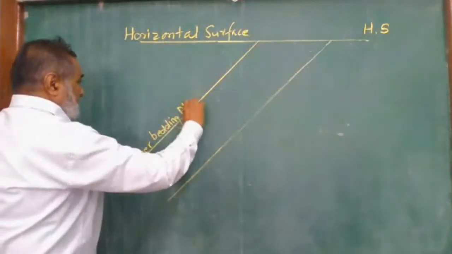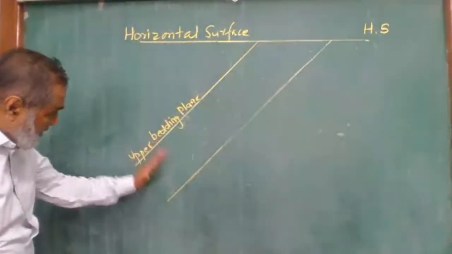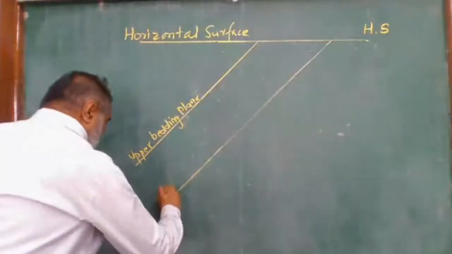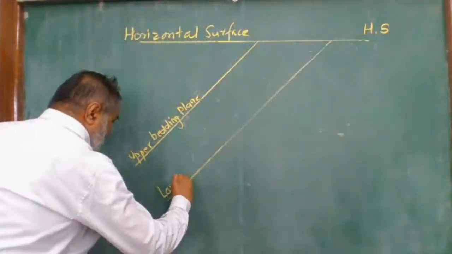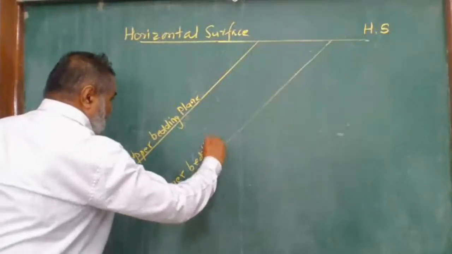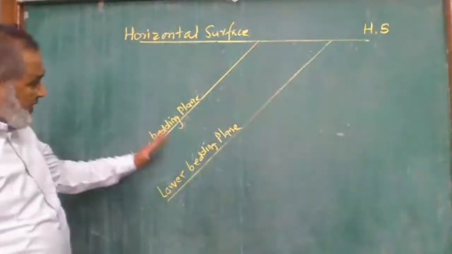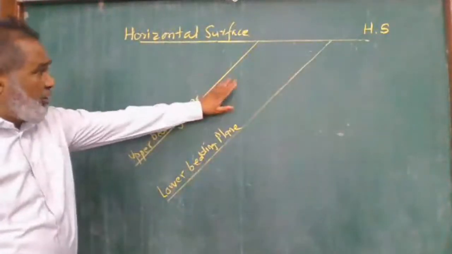Now below this one, this will be called the lower bedding plane. Yes, upper bedding plane, lower bedding plane, and this is called a bed.